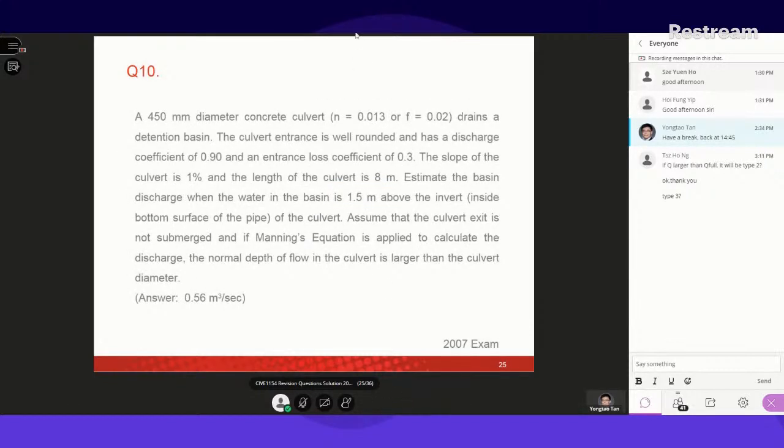Now this one, I will also ask you which is type 1, type 2, or type 3. The diameter, concrete culvert, the discharge coefficient given, the slope given, and the length.